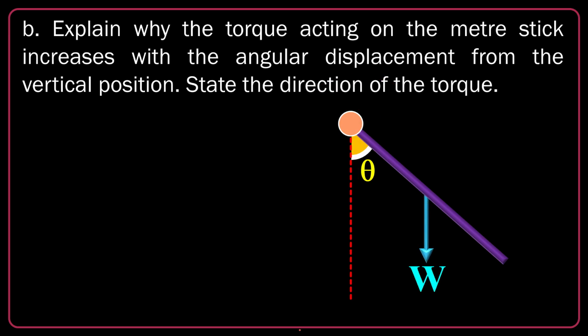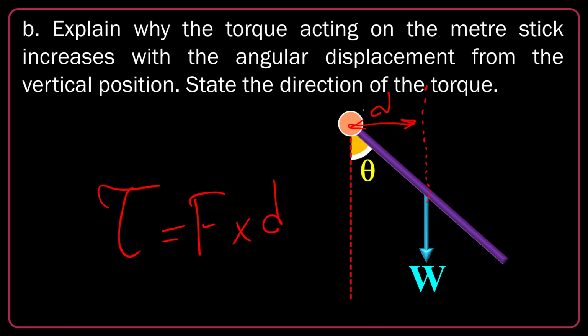But here, the W can create a torque. This force still is neutral because it's passing through the center of rotation. So the only force that is effective in creating a kind of resistive torque against the deviation is W. Because torque is force times distance, the distance is this: you should extend the force and find the line of action, and this is the distance to the center of rotation.